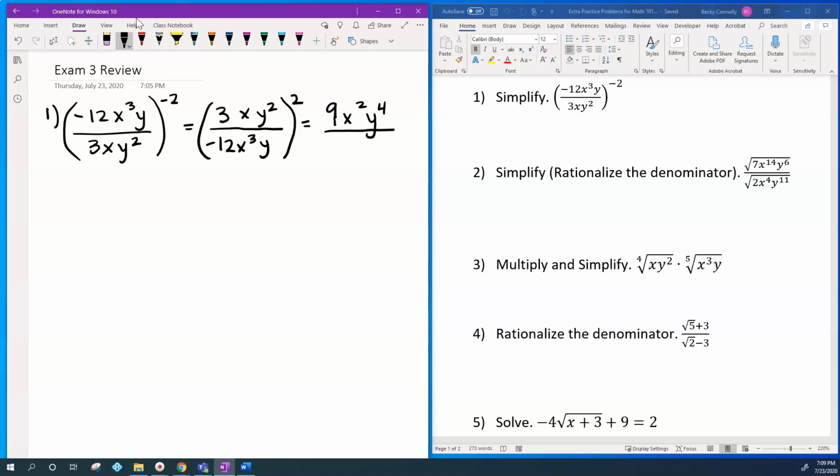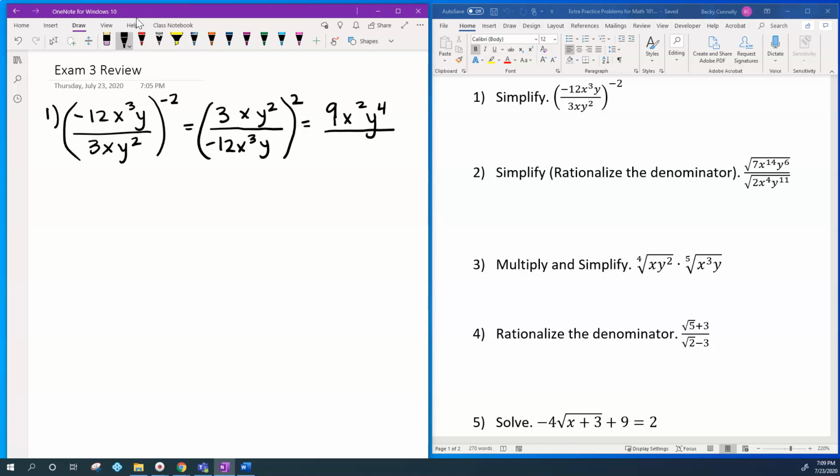All right, and then on the bottom, what do we do here about that -12? Anybody have an idea? Is it the -12 that's being squared? Yes, everything. Yeah, so you don't have to worry about that, we're taking that -12 and squaring it.